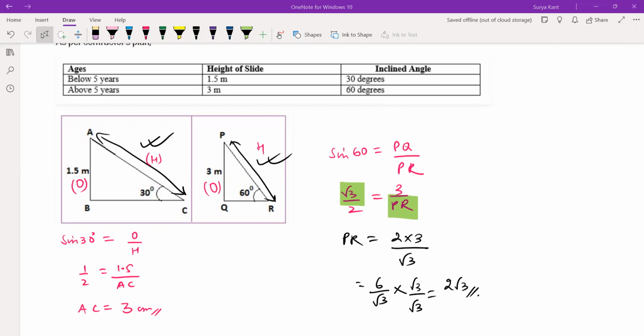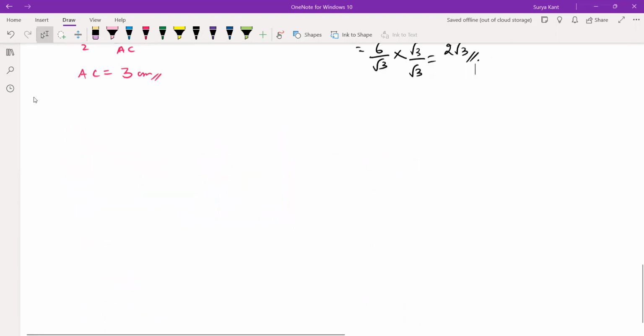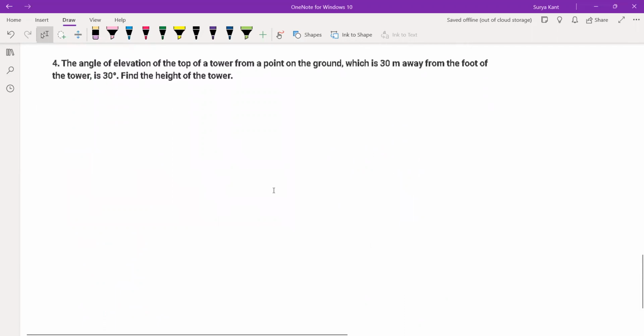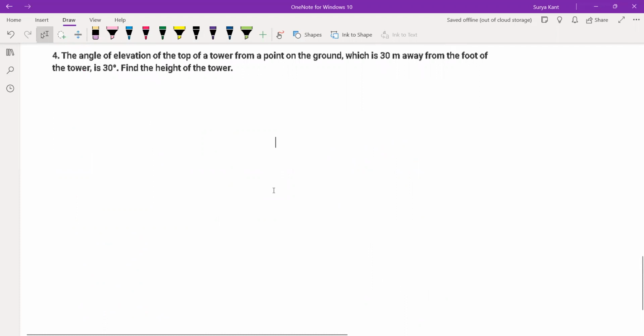The next question here is question number 4. This is a new concept for you children, that's why we are doing each and every question from here first. So the next question is angle of elevation. First, you draw the diagram for this, how it comes.